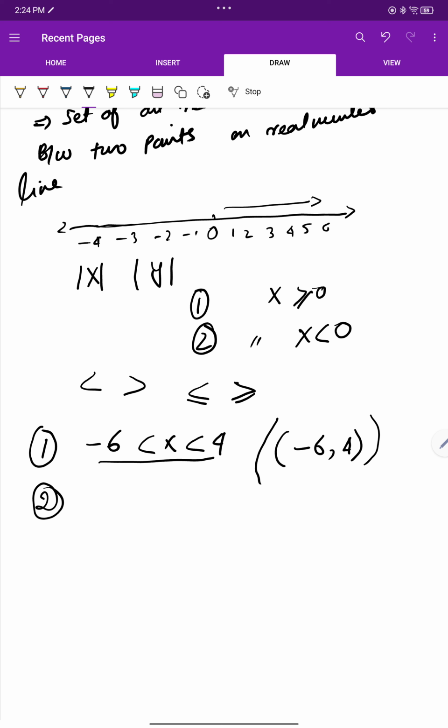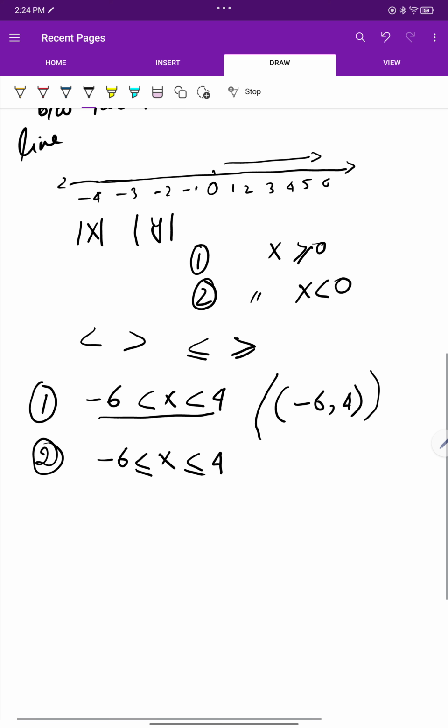And if I can write down like sometime, the same number -6 is less than equal to x, x is less than equal to 4. So with this condition, we use the square bracket. These two, -6 and 4.